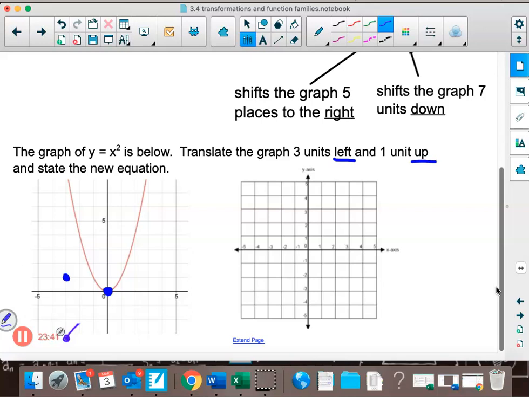Did y'all see what I'm saying? 3 left, 1 up. Like this point, negative 1, 1 right here. I would take this point and go 1, 2, 3, up 1. And this point right here, 1, 2, 3, up 1. And if you keep going, you end up with a parabola, and the whole parabola has been shifted 3 units left and 1 up.